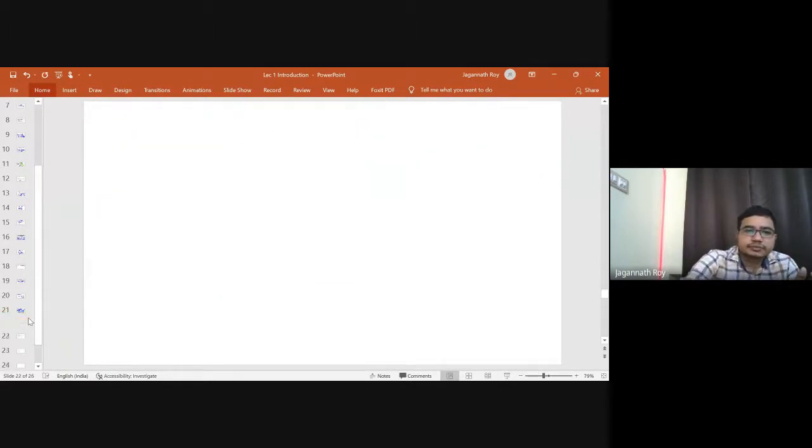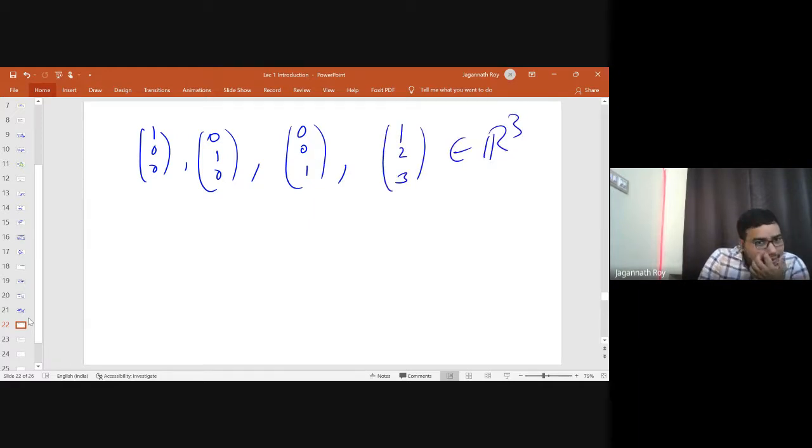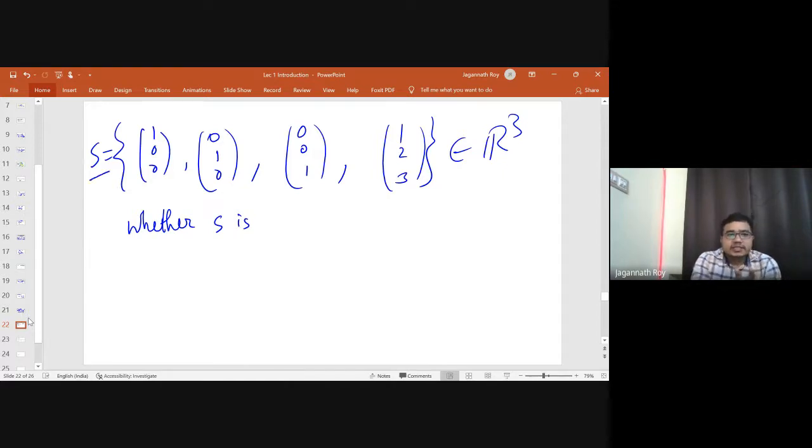So if you have this in R3, whether S is independent means that these vectors are independent.